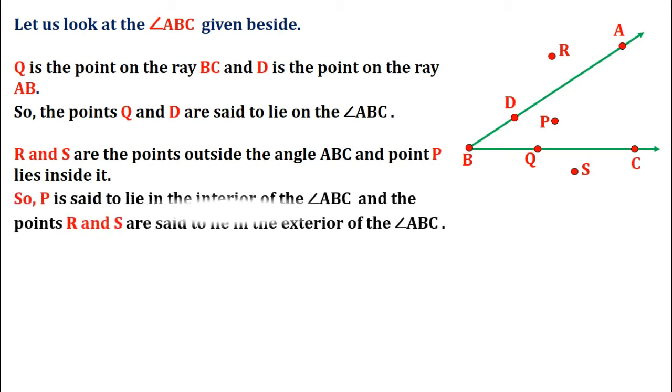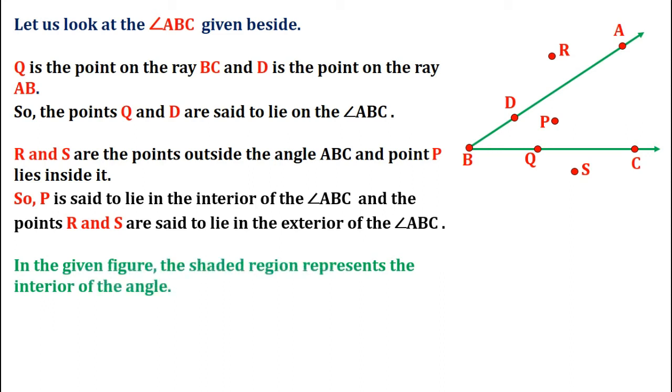So, point P is said to lie in the interior of the angle or inside the angle ABC, and point R and point S are said to lie in the exterior or outside the angle ABC. In the given figure, the shaded region which we can see represents the interior of the angle.